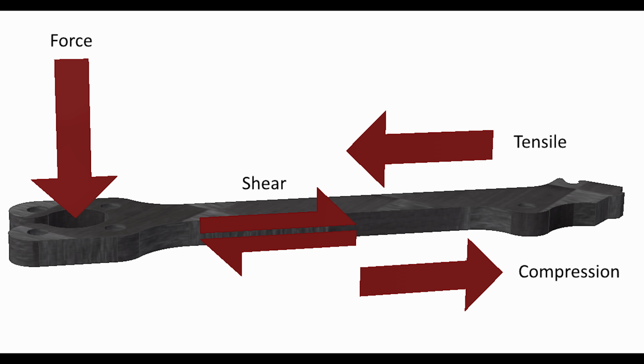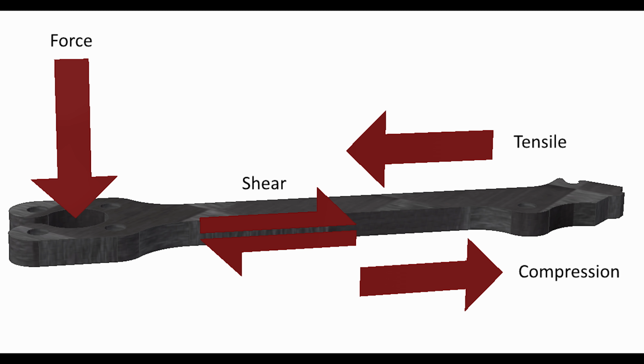They will actually fail because of shear. And now we're getting into complicated stuff. If this laminate works for an arm, as I showed in this picture, it should fail on the compression side first.